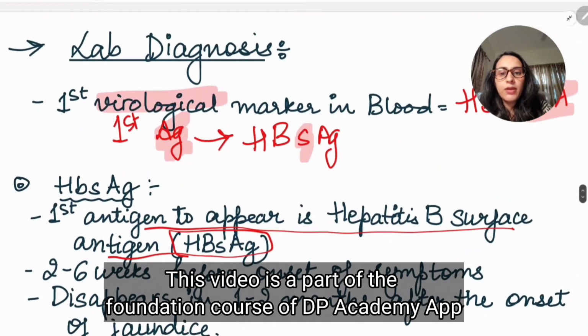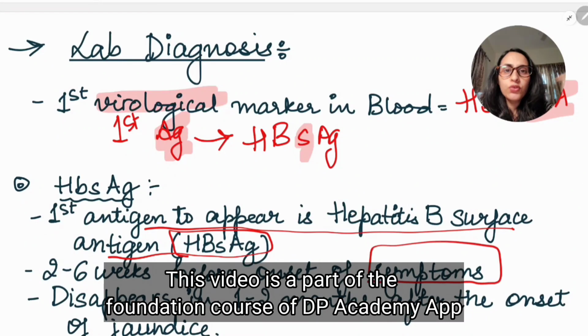The first antigen to appear in the blood is surface antigen, and this antigen appears 2 to 6 weeks before the onset of symptoms. Before the person shows symptoms of jaundice, 2 to 6 weeks before, you will see the surface antigen appearing in the blood. In fact, it stays in the blood for 1 to 2 months after the onset of jaundice.